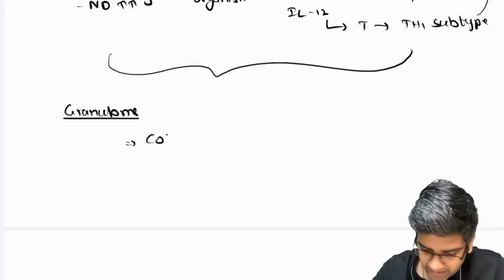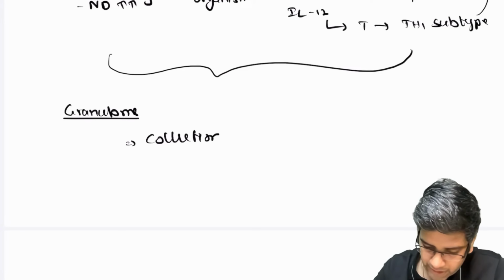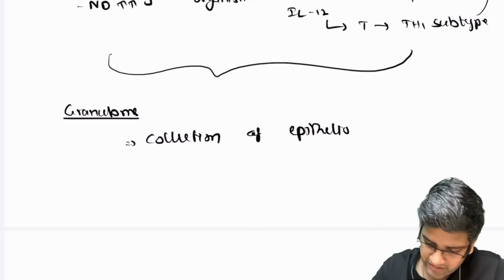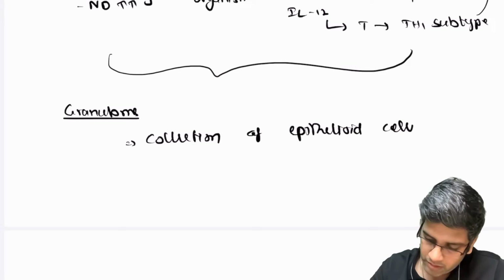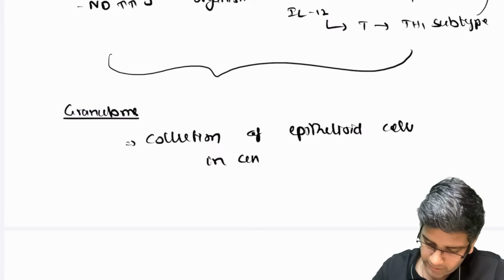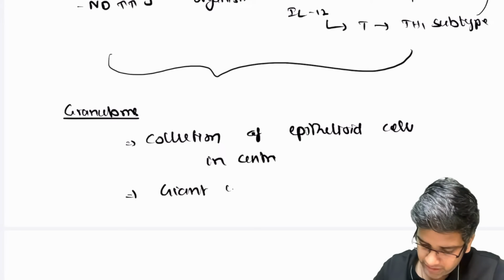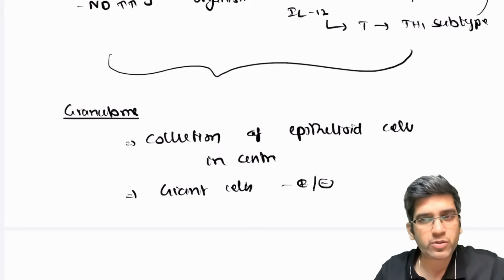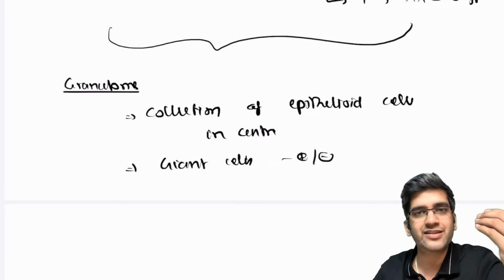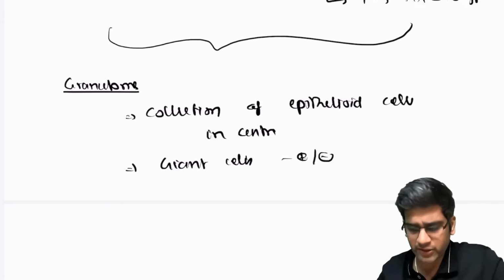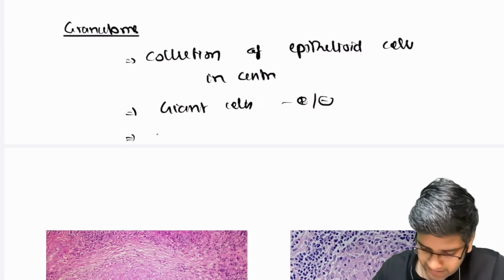It's primarily a collection of epithelioid cells in the center, and yes, they might have giant cells. Giant cells are going to be plus or minus. Short answer, just write plus or minus. Long answer, giant cells are nothing but a union of epithelioid macrophages, multiple nuclei just a union of it, right? Then surrounded by lymphocytes.